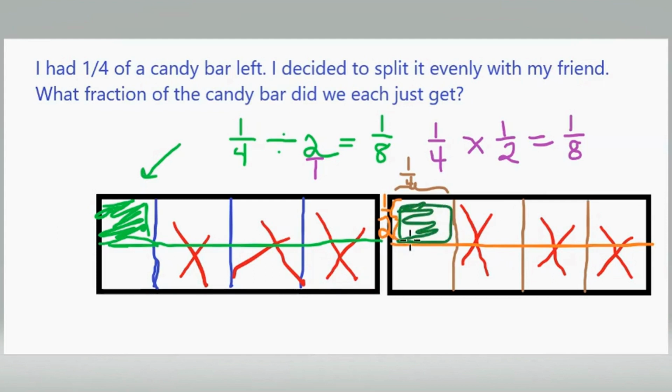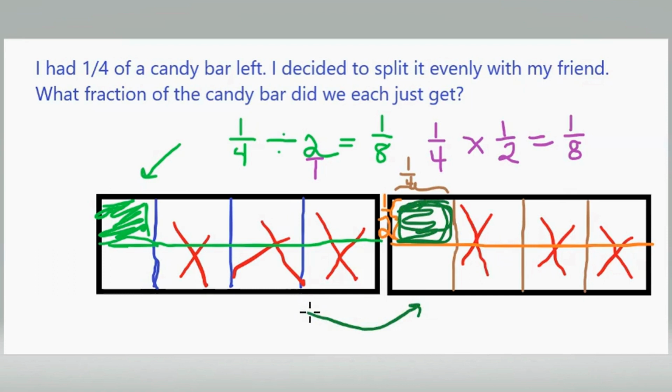And as you can see, it's still the same. It's 1/8. When we represent multiplication of fractions, we've used the area model and shown the area by showing length times width, and we did 1/4, so 1 out of 1, 2, 3, 4, times 1/2, which would be 1 out of 2, and you still get 1/8. They're exactly the same.